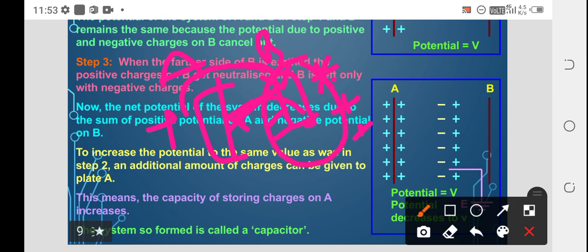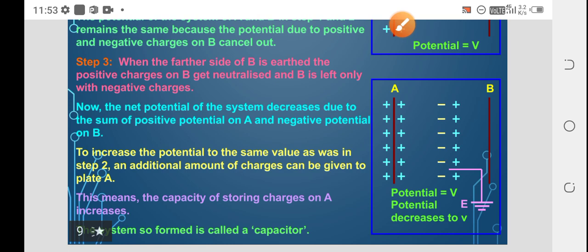Now these positive charges will be attracted by the earth, and the leftover charges in B are negative charges. In A there are positive charges, in B negative charges. Now A is positive, B is negative. The total net charge is plus and minus, that means 0.